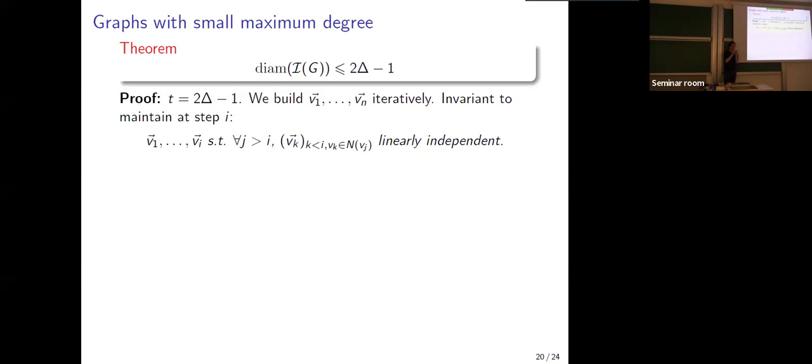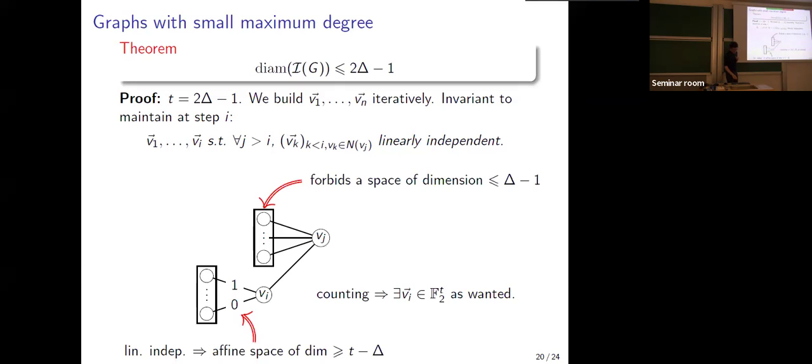First, the edges incident to this vertex will have labels that are realized as the scalar product of this vector with the neighbor. And second condition, when you take a vertex which is not yet processed, its neighborhood gives a family of linearly independent vectors. So we have these two types of constraints.